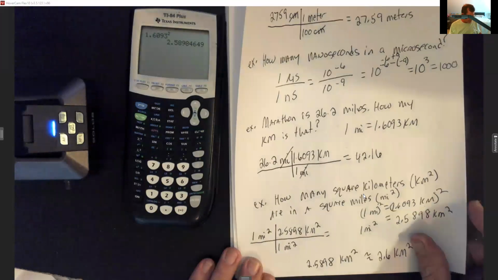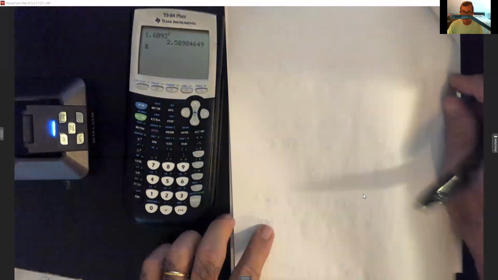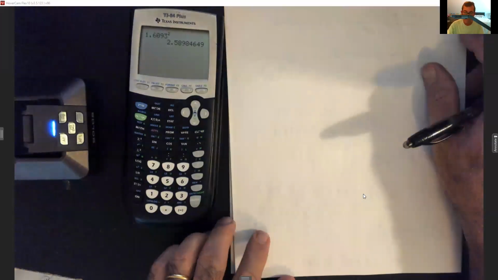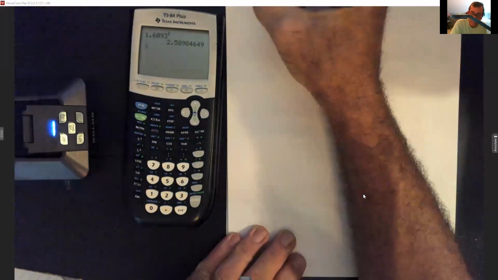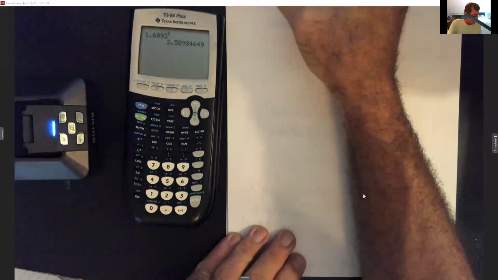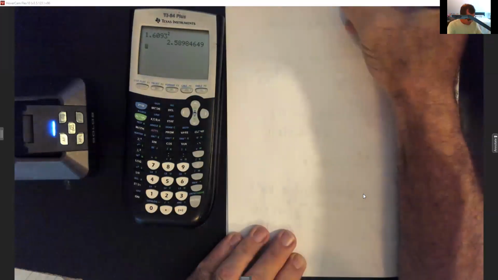Next, I'm going to show you a few temperature conversions. There are 3 temperature scales we look at in the world. First one most of us know is the Fahrenheit. But we have another scale called Celsius. And we even have another scale called the Kelvin.